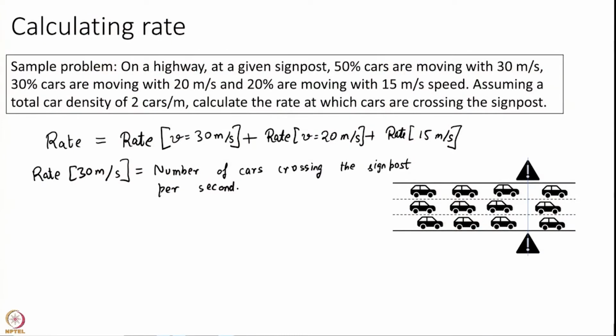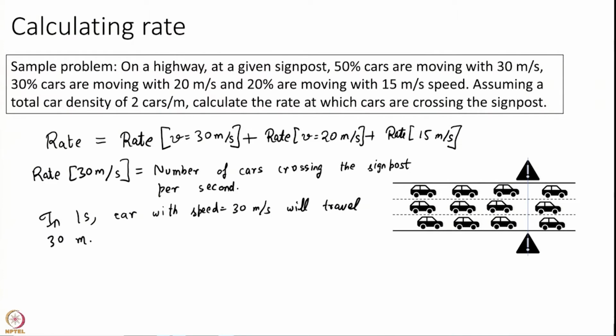Well, the idea is, in 1 second, cars travelling with 30 meters per second will travel, well, of course, 30 meters. The speed is 30 meters per second, so in 1 second you have 30 meters of distance.